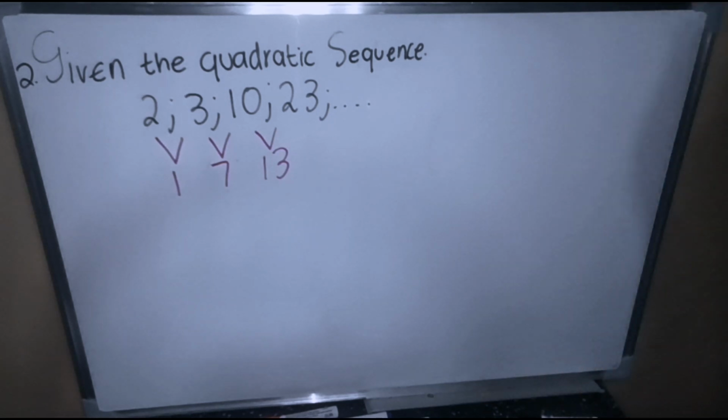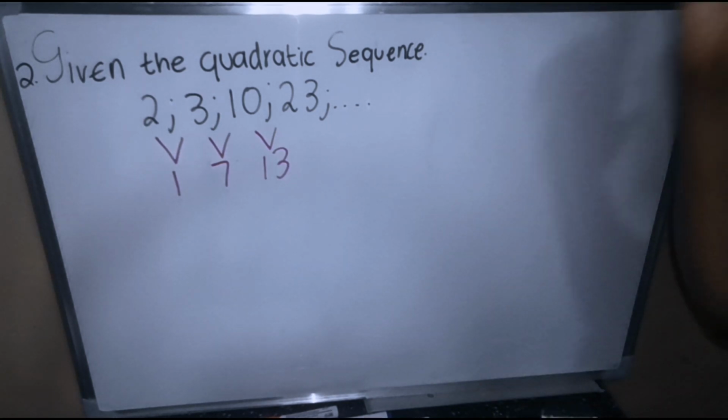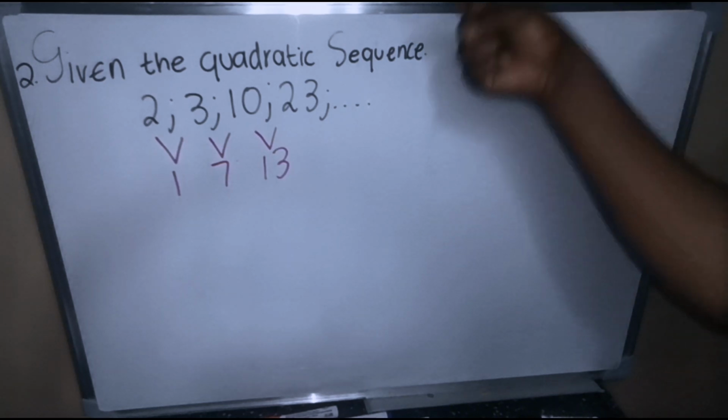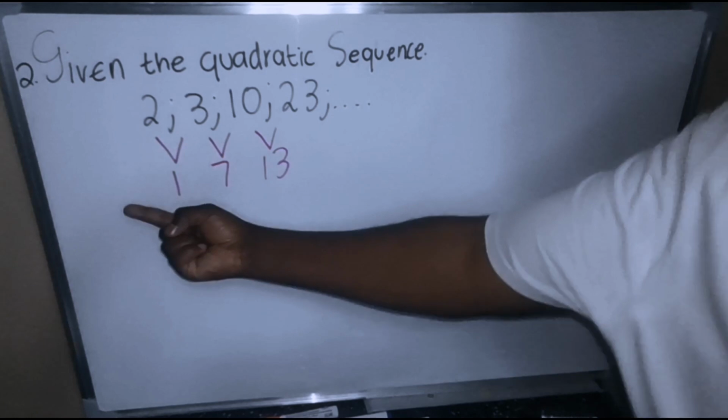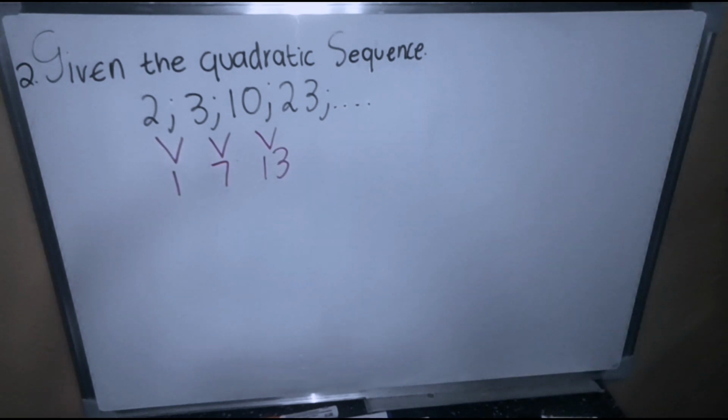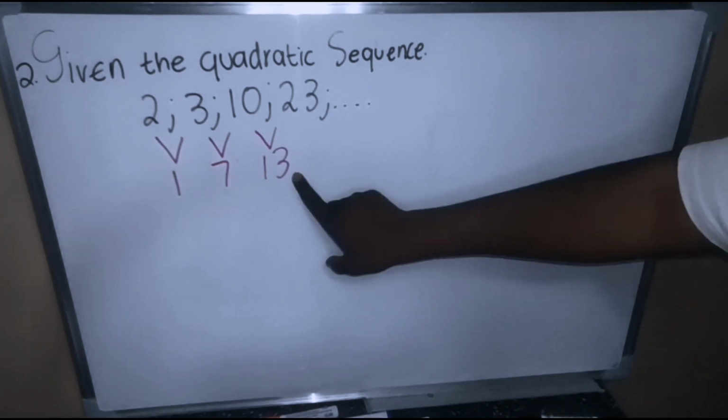So remember, for us to find the next term, we need to understand that when we minus, we go that side, and when we add, we go to the right. So we're gonna add 6 again here.